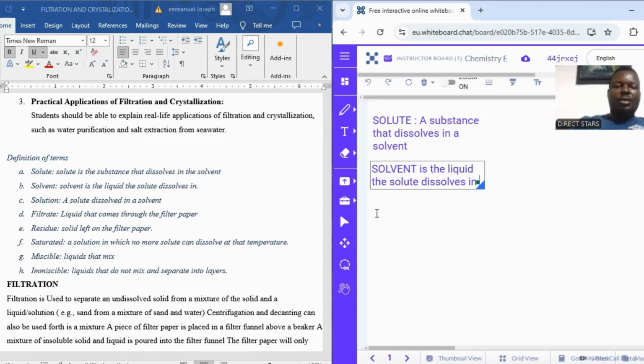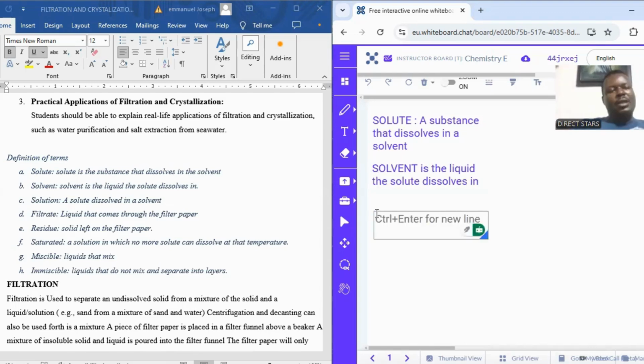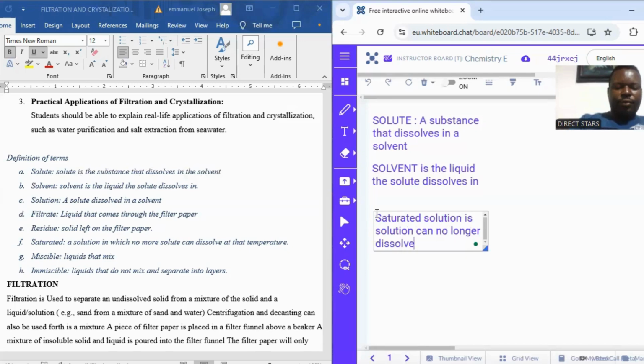Another one we'll be looking at is: what is a saturated solution? When we say a solution is saturated, it simply means the solution can no longer dissolve any solute further.